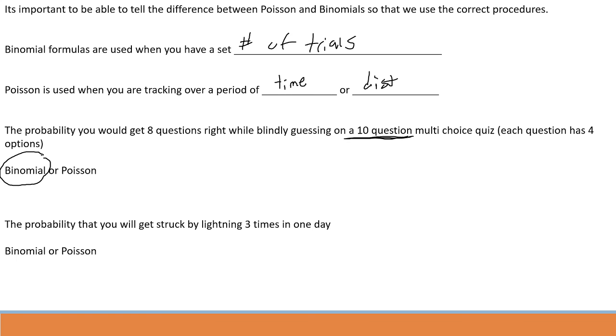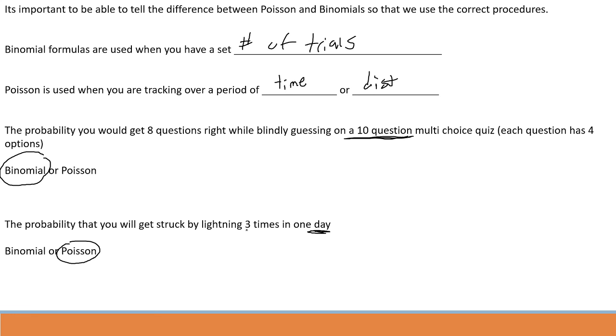What's the probability to get struck by lightning 3 times in one day? Well, here we're talking about a day. We're tracking it over the course of days, so that's going to be a Poisson. 3 is not your n. 3 would be your x in this case. That's the number you're tracking. But what you're testing it over is the course of time, or the course of a day. So it's going to be Poisson because you don't have an n. You don't have a set number of trials.